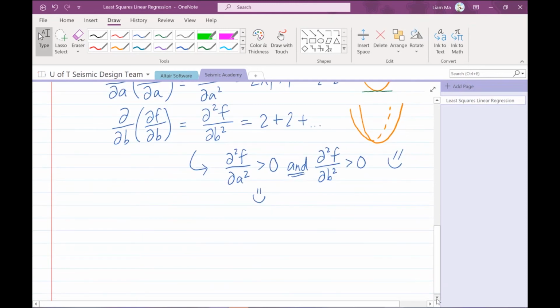So now all of that work was done to confirm that. The next step is to figure out what A and B actually are. And to do that, we need to go back to our first derivatives. Or I should say first partial derivatives.